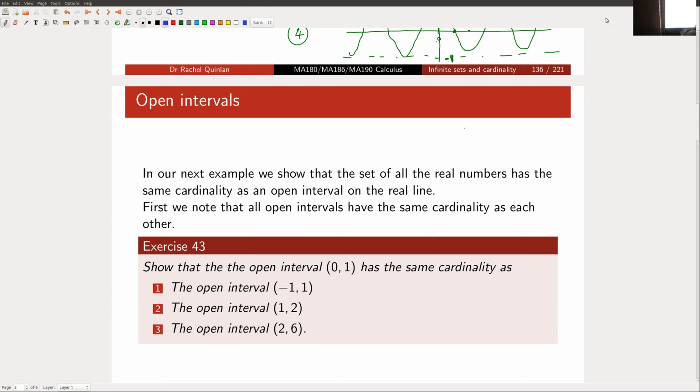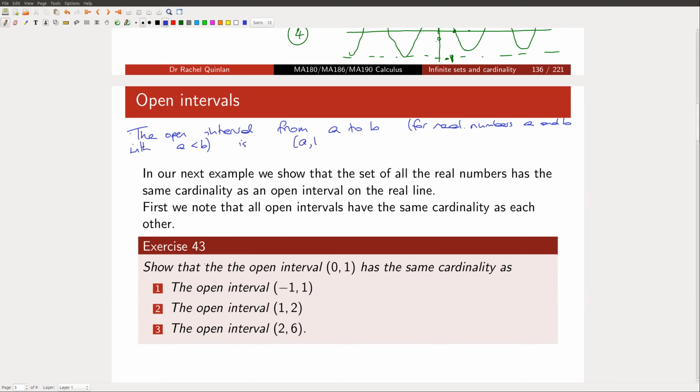Just to recall, the open interval from A to B, for real numbers A and B with A less than B, so basically A is a point to the left of B on the real number line, is defined to be, the notation for it is just A and B enclosed in round brackets with a comma between them, which is another notation that's overly used in mathematics because it can mean different things in different contexts.